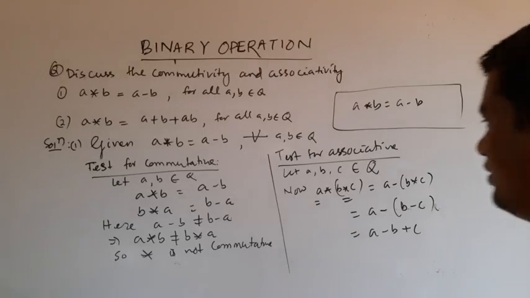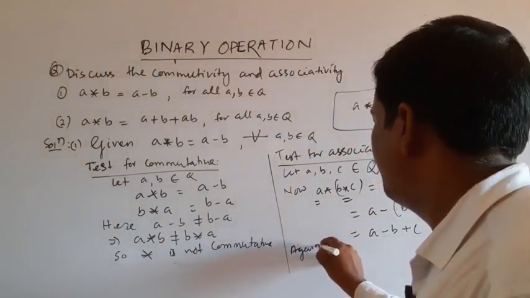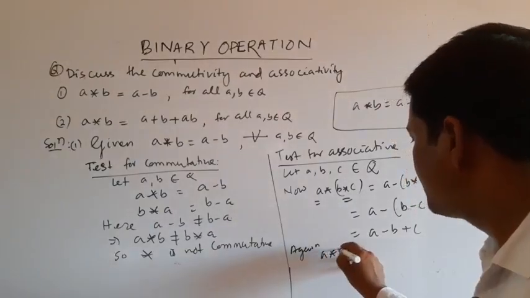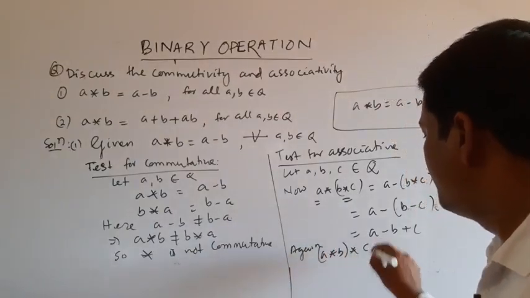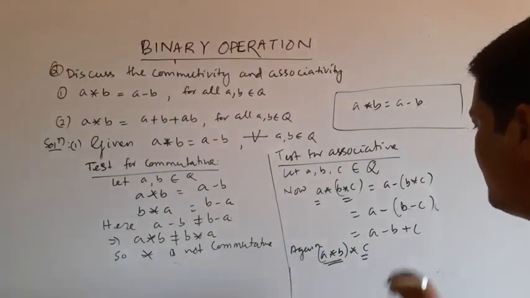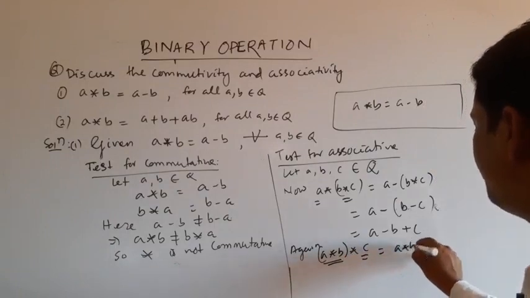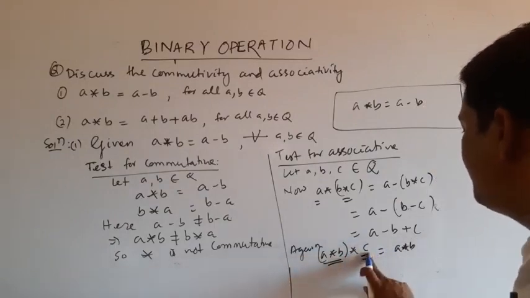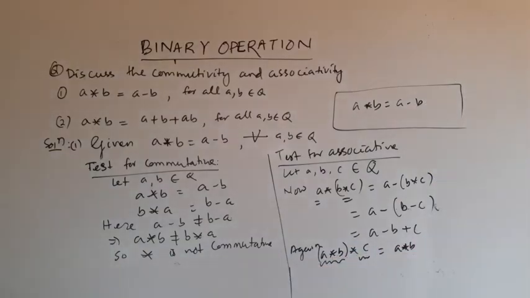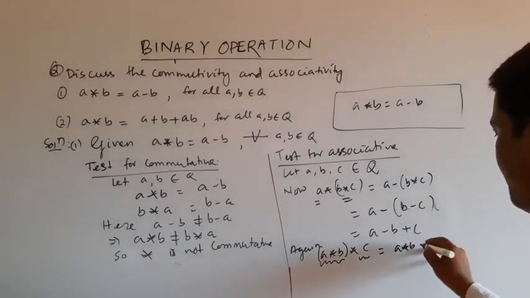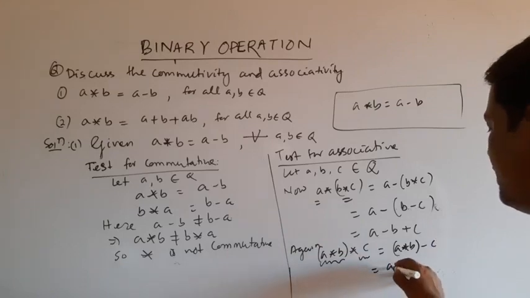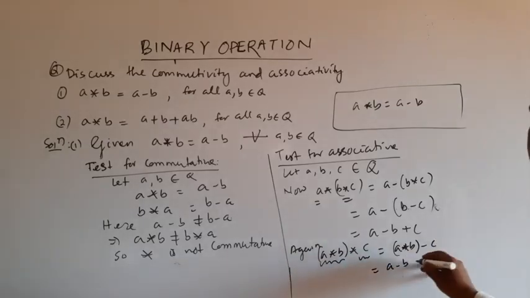Clear? Now again, (a star b) star c. Suppose this is a star b and this is c. So (a star b) difference c; now this is (a difference b) and this is c.